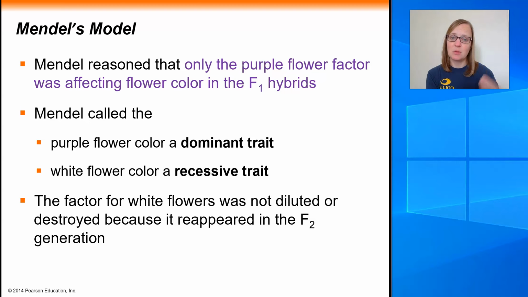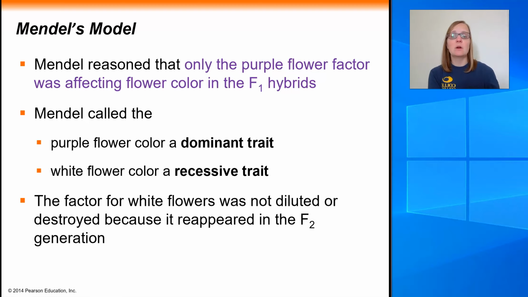So Mendel called this purple flower color the dominant trait for the character, and the white flower color a recessive trait. The dominant trait appears in that particular character, and the recessive is hiding in the background, with no contribution to the actual appearance of the flower.